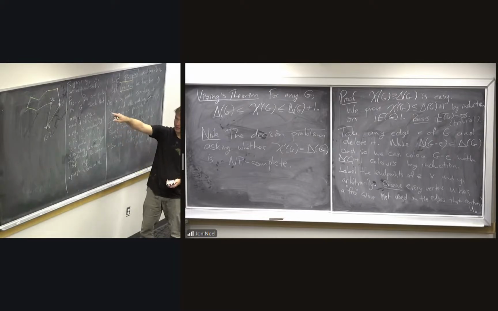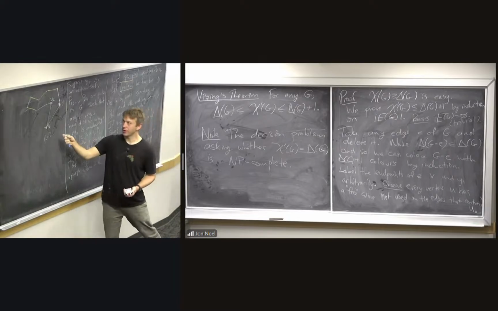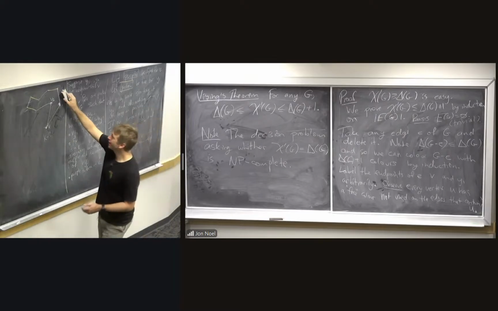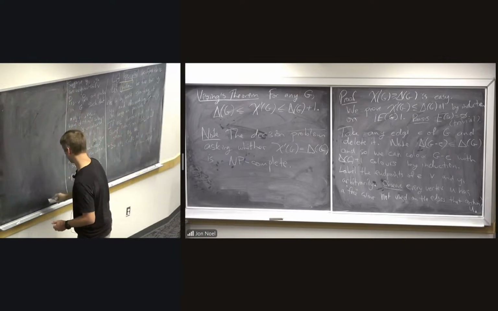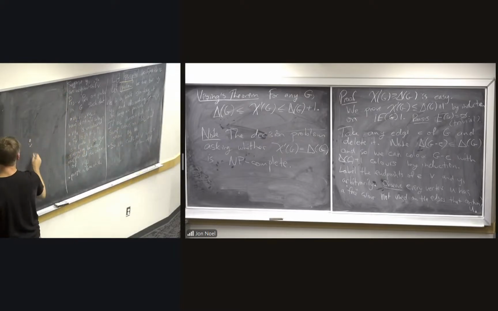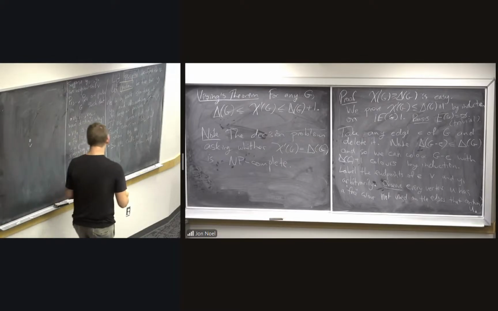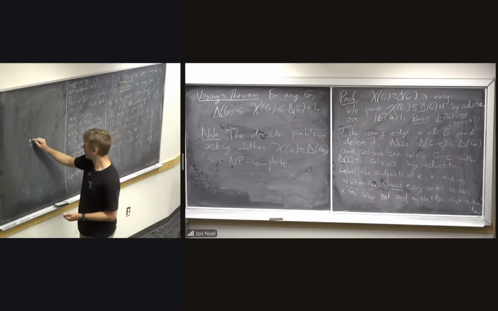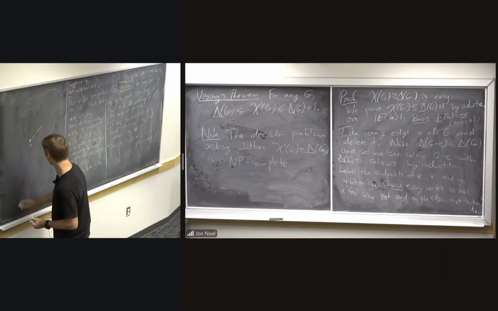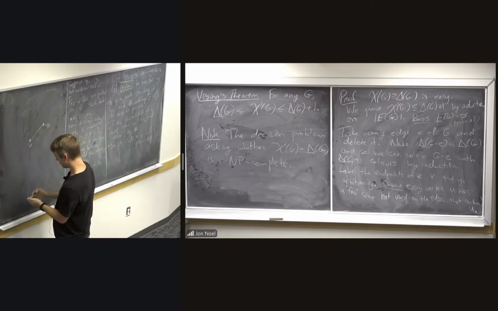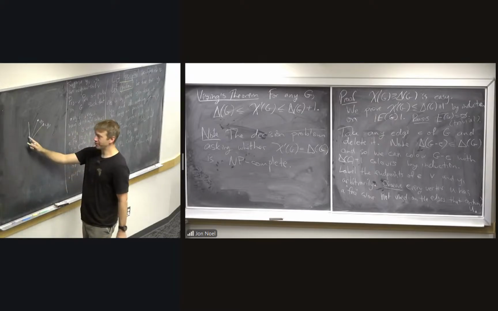This explains what happens when k is 2, but more generally, the picture is going to look like this. I need to not completely run out of colors here. Can you see the difference between this beige and this yellow?